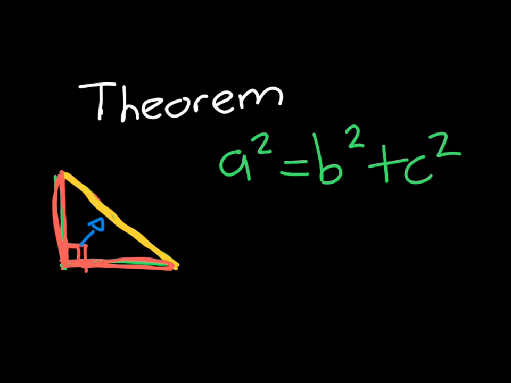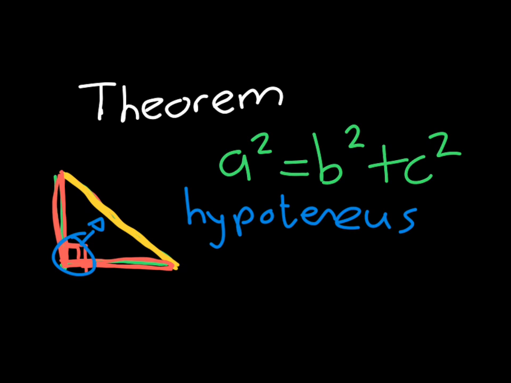We call this longest side the hypotenuse. This is the name given to the longest side of any right-angled triangle, and it is always opposite the 90 degrees.